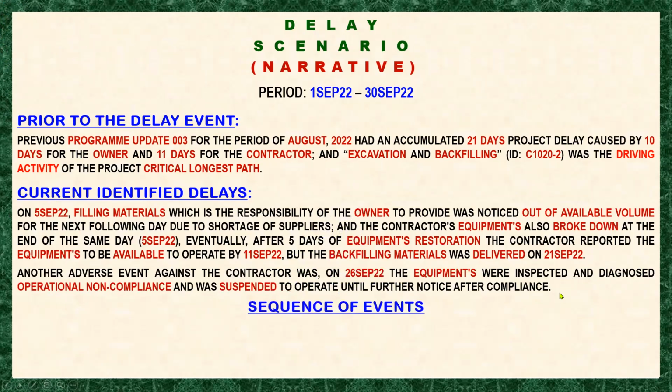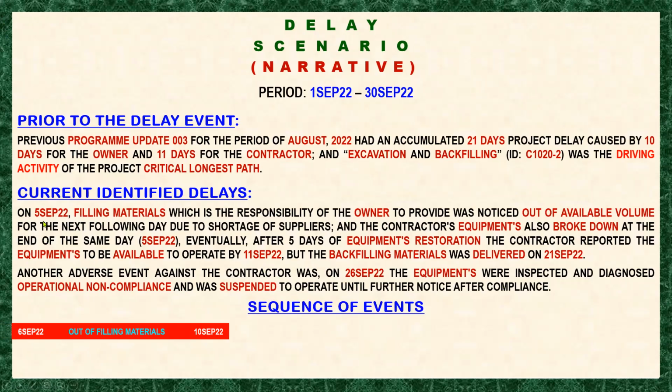So here is the sequence of the events, and here is the graphical presentation of this current identified delay statement. This is the 6th to 10th of September, where there is an out of filling materials, meaning there are no more filling materials to be used on site.